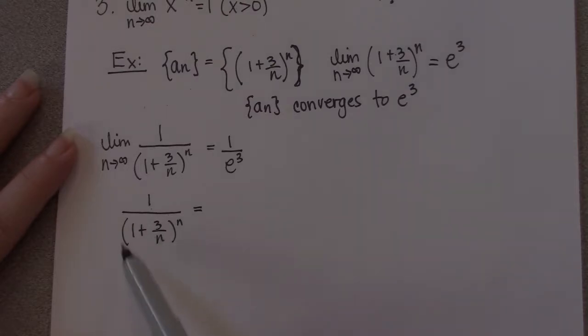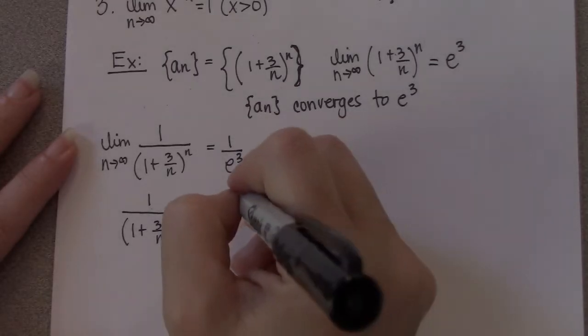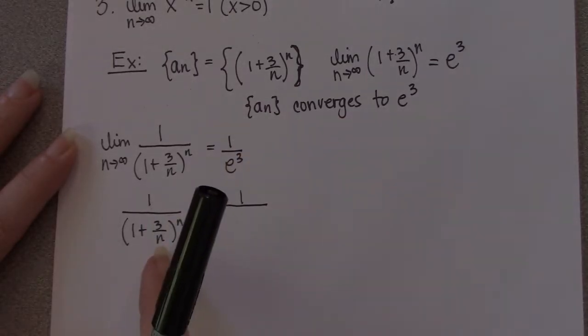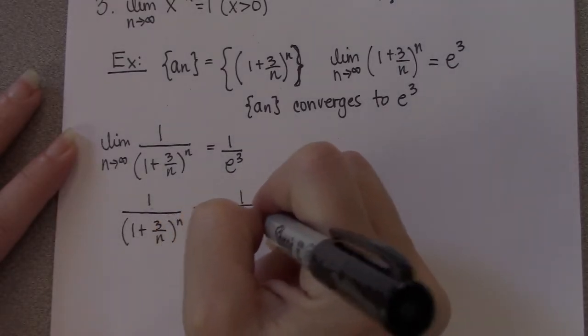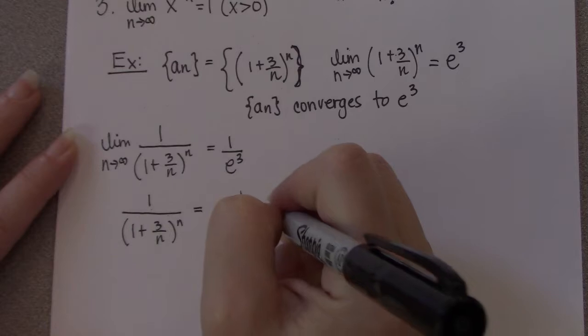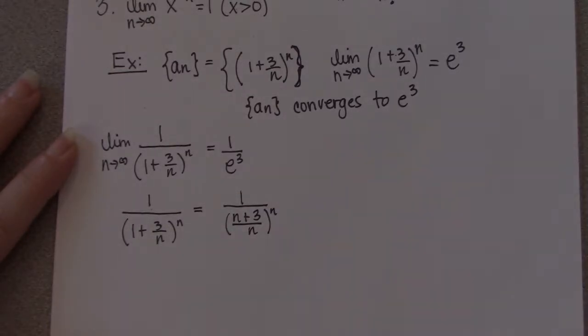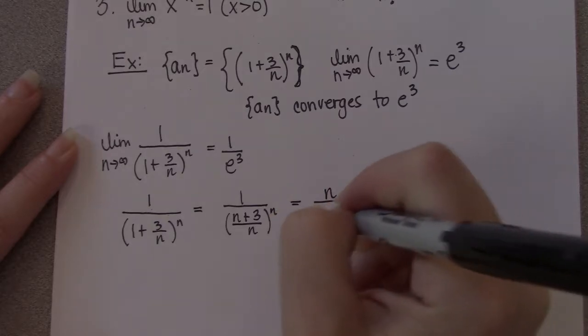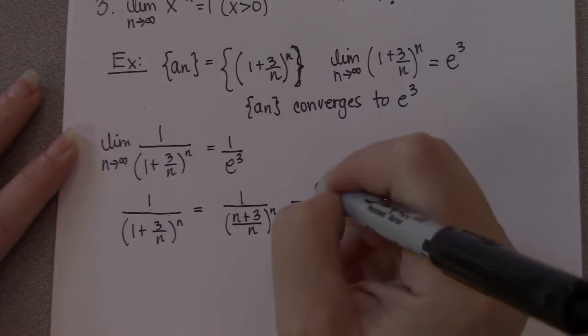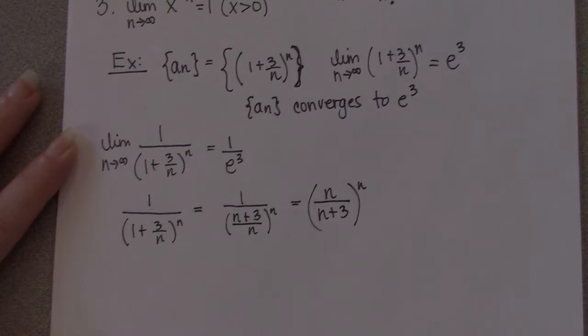The first thing I might do is get a common denominator so we can simplify this. That common denominator is going to be n, so I'm going to multiply this first term by n over n, and now it would look like that. And then when I flipped it, because I multiplied times the reciprocal, it would now look like this.